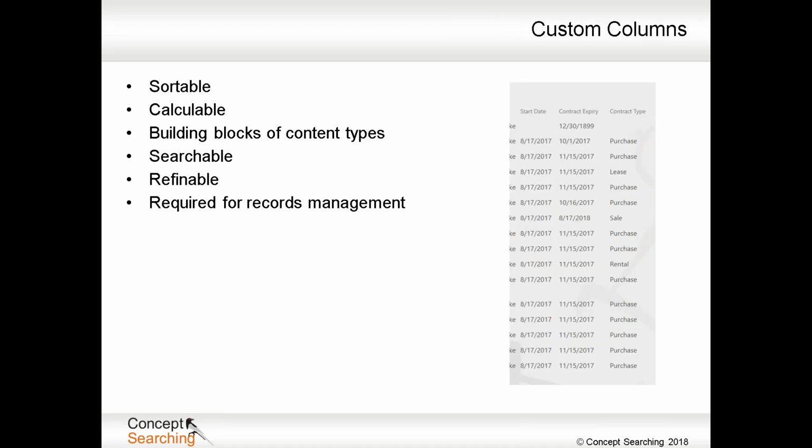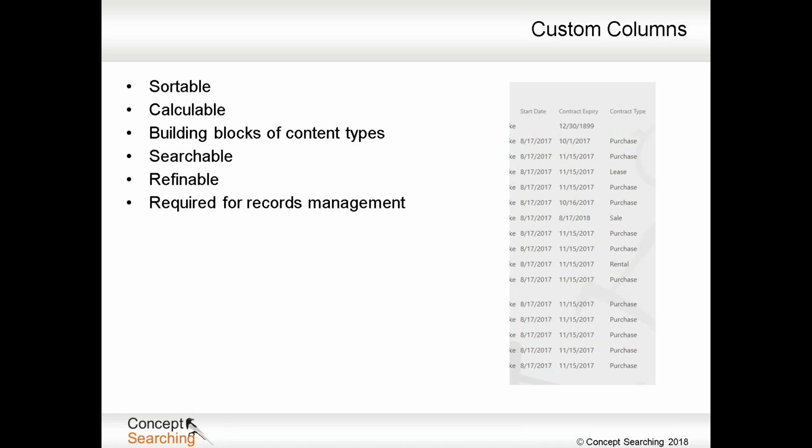Custom columns. This is the most popular way to add metadata in SharePoint because pretty much anybody who has administrative access on the site can add their own custom columns and start putting metadata in and forcing metadata. They're calculable, they're sortable, they are the building blocks of content types, which I'll talk a little bit about. You can search on the properties in them, and they're required for things like records management.